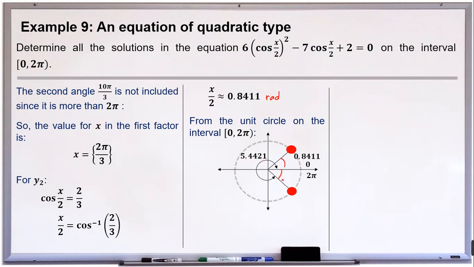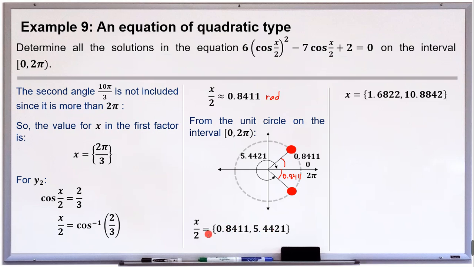That is a difference of 2 pi and 0.8411. So that's 5.4421. And since our interval is from 0 to 2 pi, including 0, we are only left with 0.8411 and 5.4421. Nothing more or nothing beyond this value.